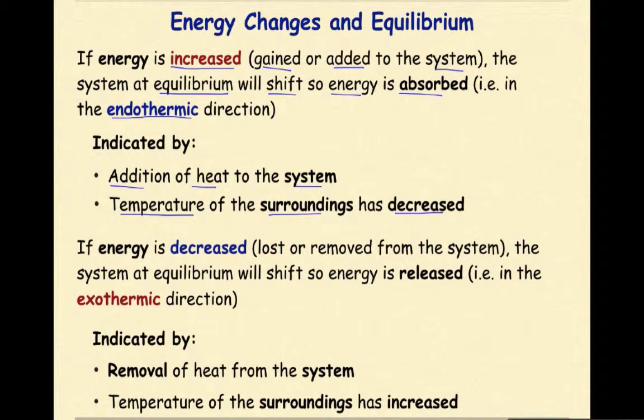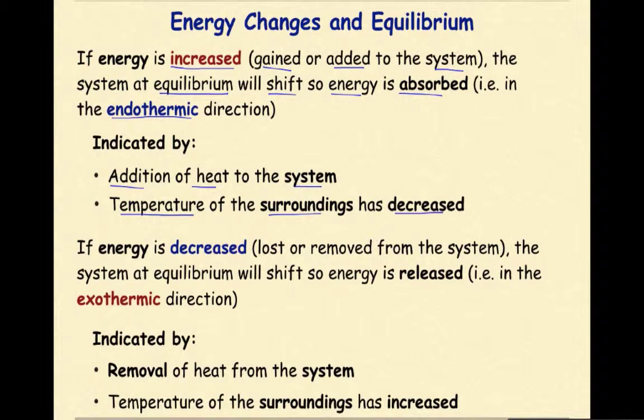That's really important to notice because when we talk about temperature changes in terms of equilibrium and we're adding heat, we can't measure the system, but we can measure the surroundings. So if the temperature is decreasing in the surroundings, that means the system has absorbed it, and that's really important to recognize.